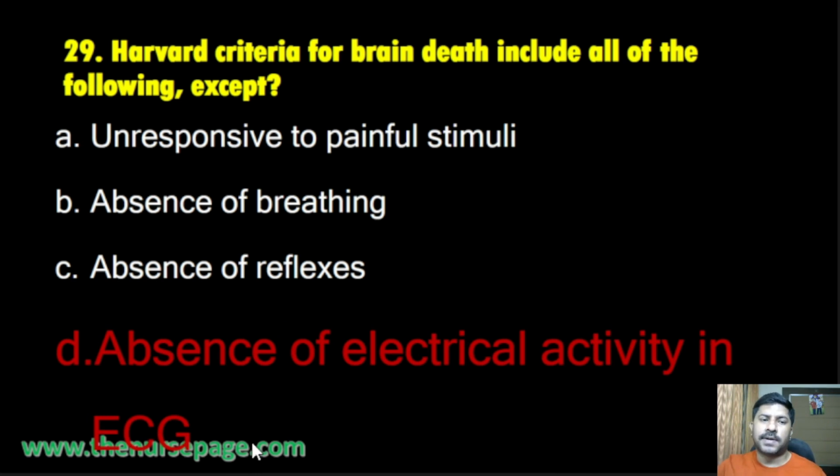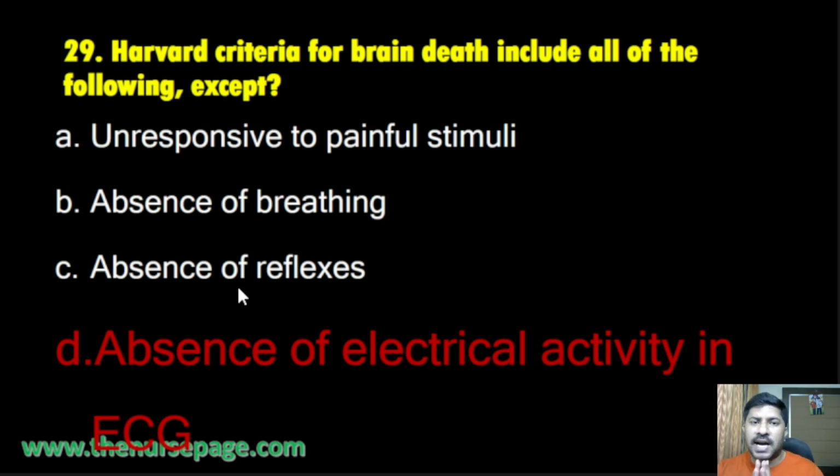That is not included in Harvard criteria because absence of electrical activity indicates that the functioning of the heart is not occurring. In Harvard criteria, we are assessing the functioning of the brain. So there will be no response to pain stimuli, absence of breathing, and absence of reflexes.